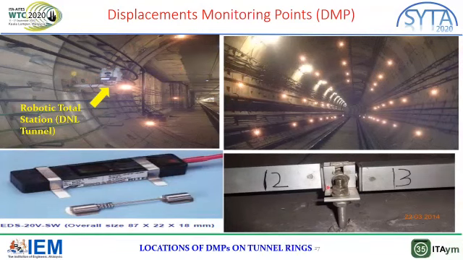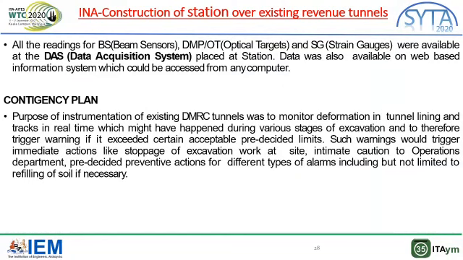This is beam sensor. This is strain gauge. All the readings of beam sensors, DMPs and strain gauges were available at data acquisition system placed at station. Data was also available on web-based information system which could be accessed from any computer.